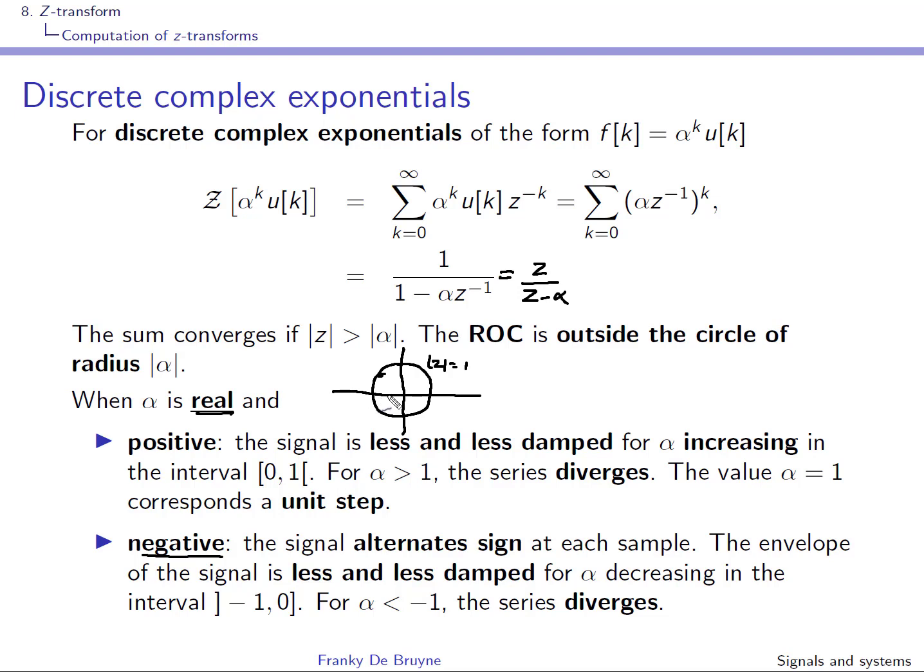So we'll consider a case here at minus 0.5, so alpha is equal to minus 0.5, and we'll consider a case here where alpha is negative but its modulus is larger than 1. So you're outside the unit circle, and you can imagine that this will lead to a sequence that is unstable, diverging.